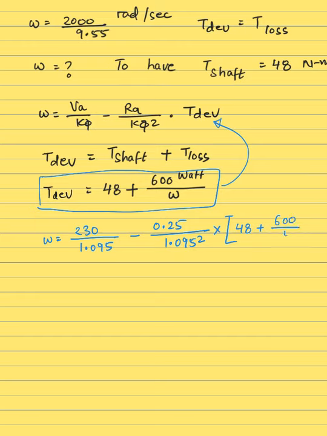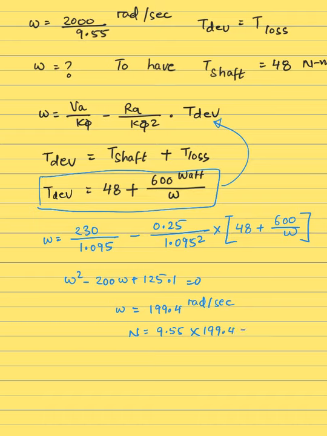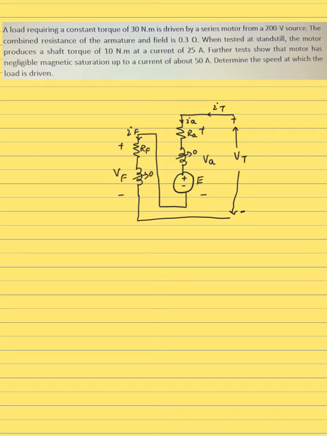And you're going to again see that this is going to give you a quadratic equation, and the quadratic equation is simplified into omega squared minus 200 omega plus 125.1, and you can calculate the value of omega. And the value of omega which is useful, or which we're keeping, is 199.4 radians per second, and in RPM it is 9.55 multiplied by 199.4, which is 1904 RPM. Okay, so this question is for a series motor.